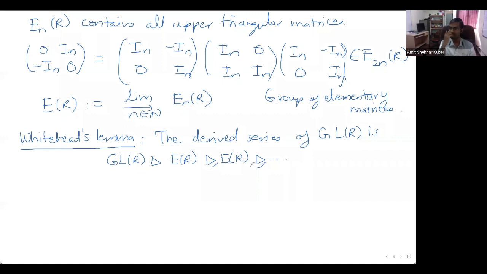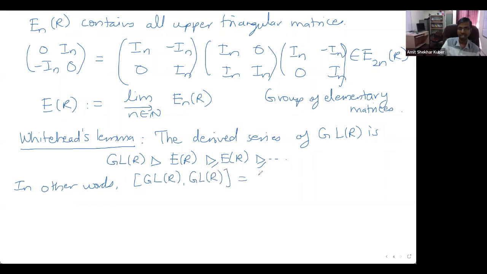What is the meaning of derived series? Basically, I'm saying that ER is the commutator subgroup of GLR, and ER is perfect. In other words, the commutator subgroup of GLR is ER, which is a perfect group, which means it is its own commutator subgroup.